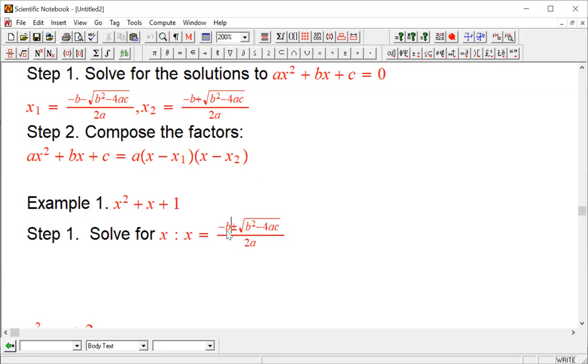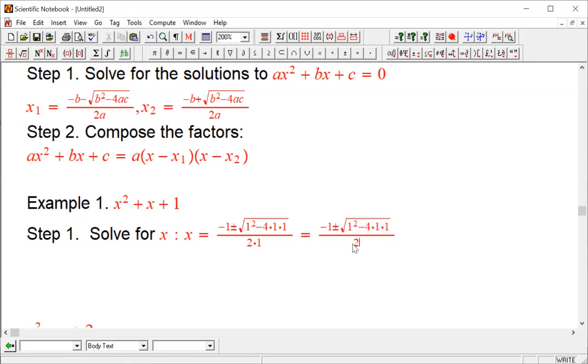In our case, b is 1. So minus 1 plus or minus the square root of 1 squared minus 4 times a, a is 1, c is 1, and a is 1, of course. So we got this solution. Of course, there are two solutions.